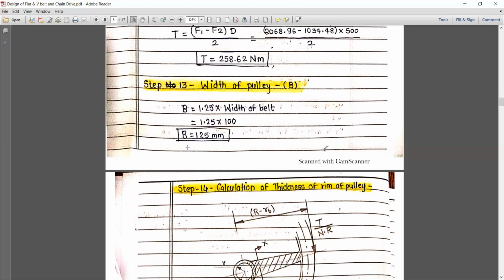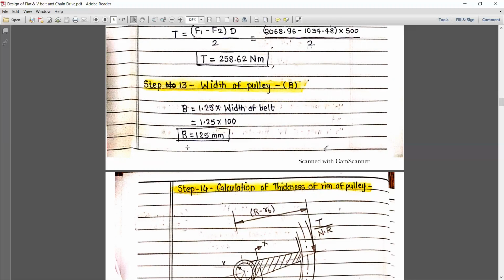We are using some excess space because, due to fluctuation or vibration in the mechanism, slide or axial movement could occur.